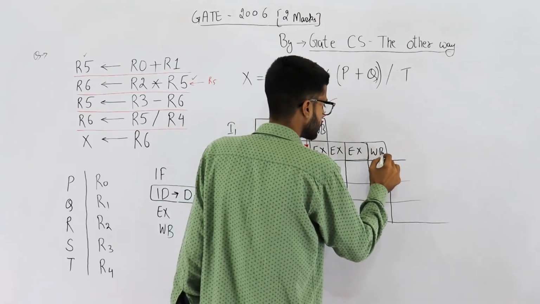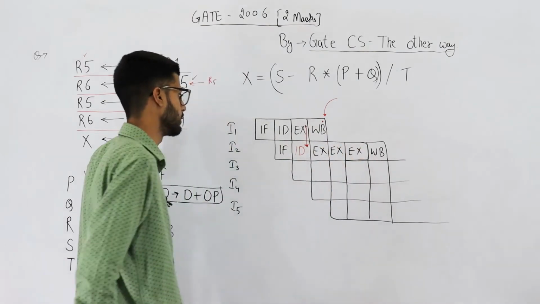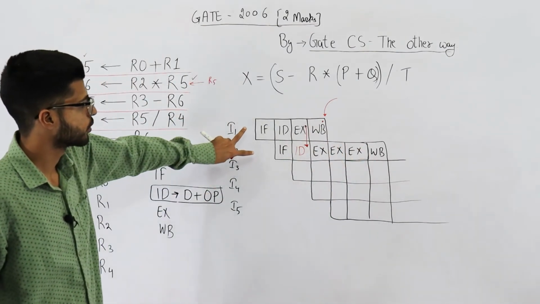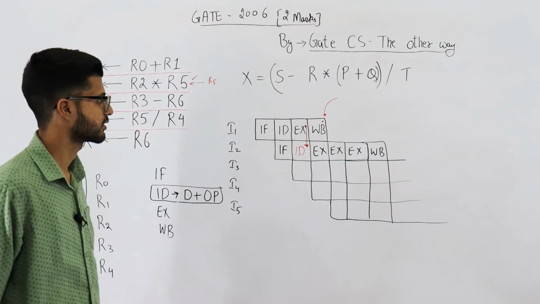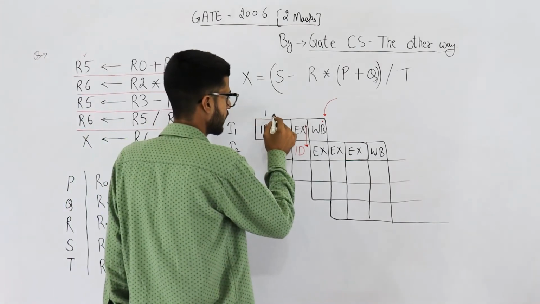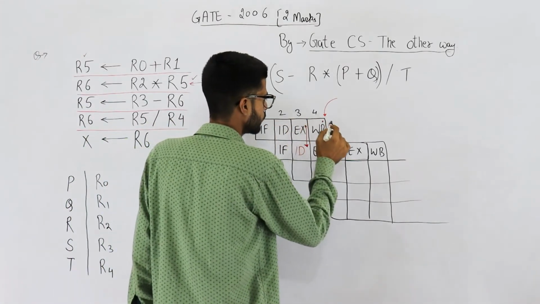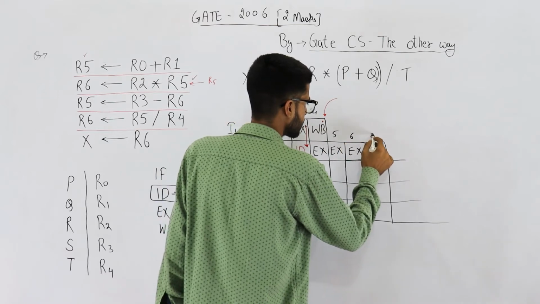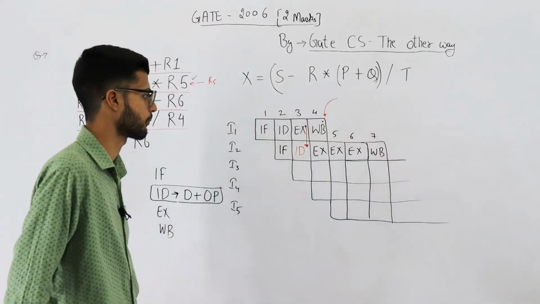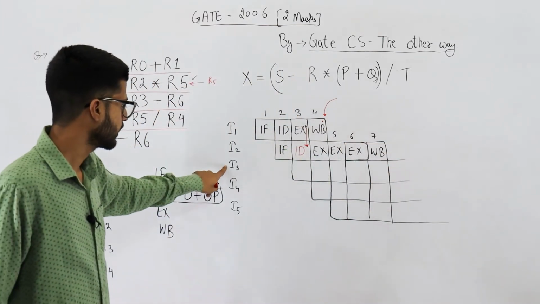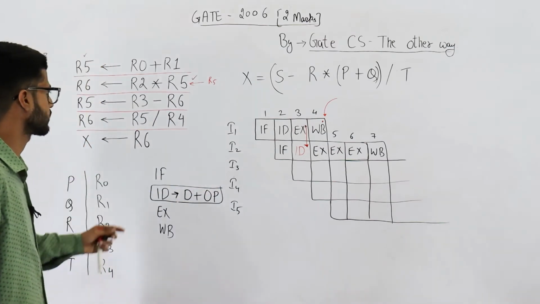Okay, like this. 3 times execute, then write back. Now doing so, we have completed 2 instructions and we have used 1, 2, 3, 4, 5, 6 and 7 clock cycles. Okay. Then let's try to execute our third instruction.